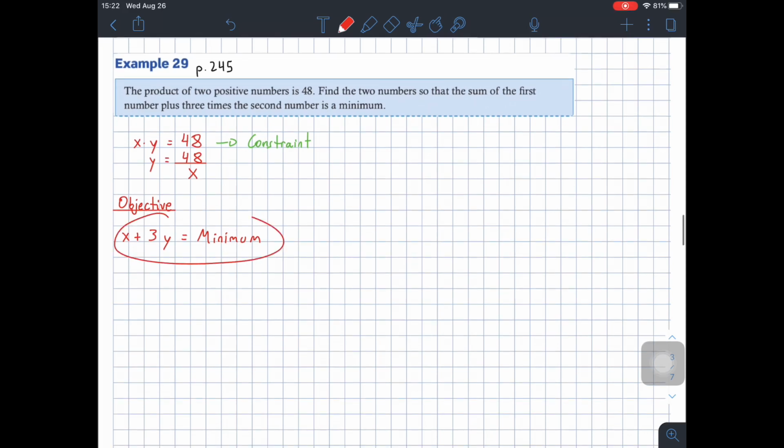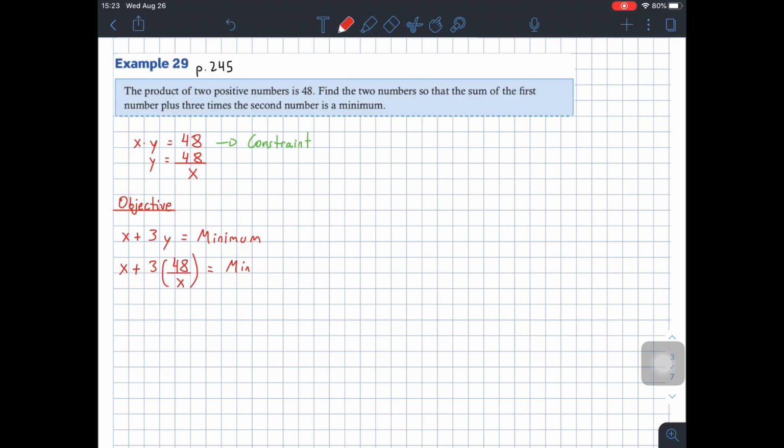So from my objective and also from my constraint, I can plug in y into my objective. Instead of writing y, I'm going to write its equivalent, which is 48 divided by x, which comes from the constraint, right? So I can say that this is x plus 3 times 48 over x. And we want to minimize this, right? I'm just going to write min, for minimum.